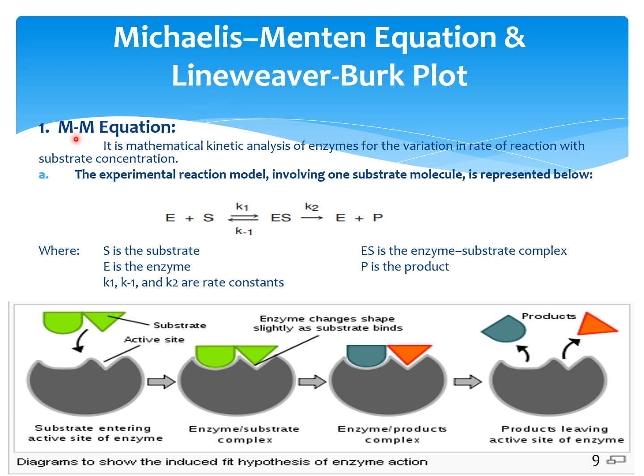Let us see what the Michaelis-Menten equation is and how it helps to understand enzyme kinetics. It is a mathematical kinetic analysis of enzymes which studies the variation in the rate of reaction, the variation in the speed, with changes in substrate concentration.